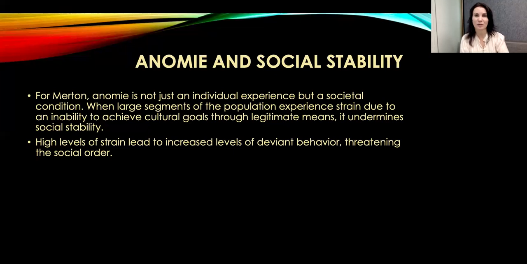Some wealthy people are getting wealthier and part of the society is experiencing hardships. They cannot achieve their societal goals, therefore they're frustrated, which can lead them to commit crimes.